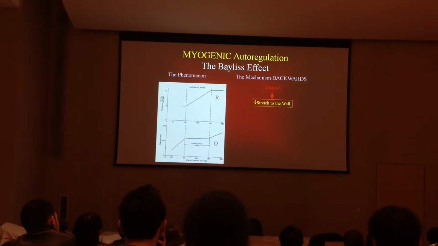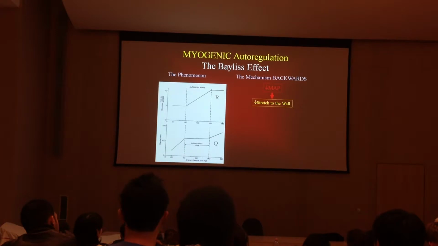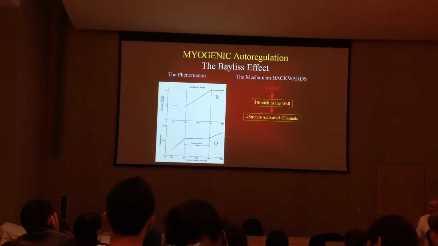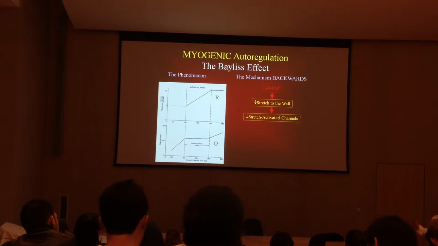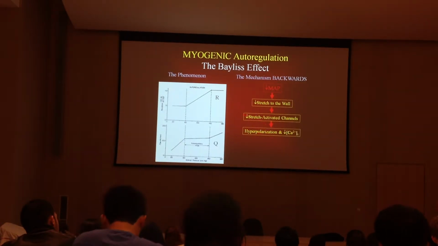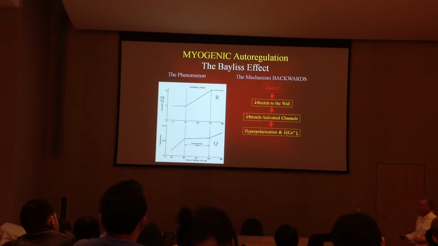Of course, you are going to have less stretch to the wall, less stretch compared to the previous situation. So is it true, therefore, that fewer stretch-activated channels are activated than before? Of course. So there will be not depolarization and calcium elevation, but rather hyperpolarization compared to the previous state of the smooth muscle cells, and the suppression of calcium.